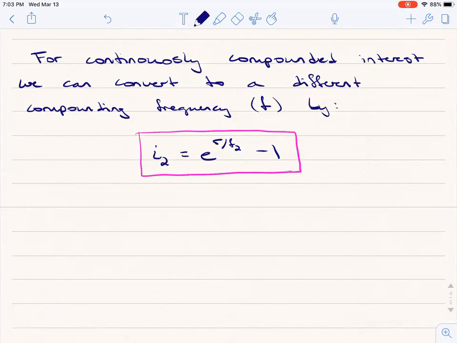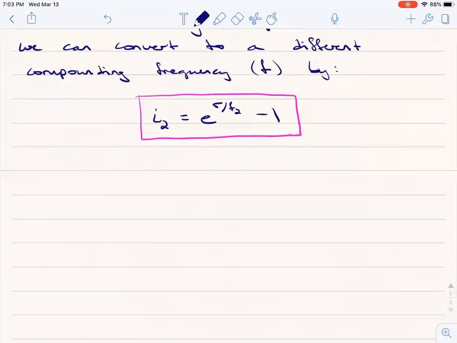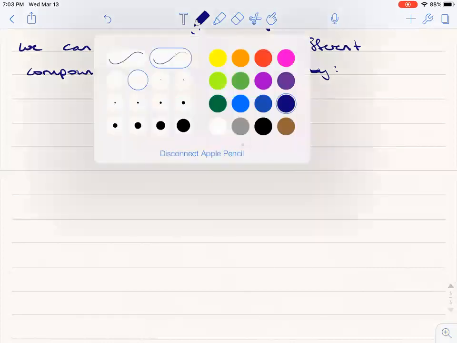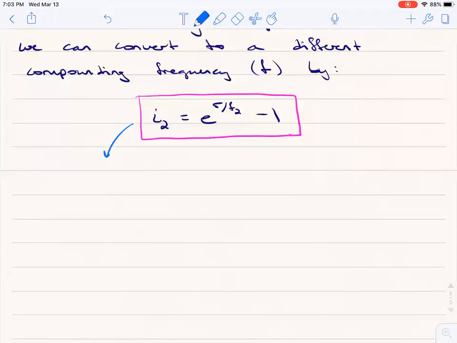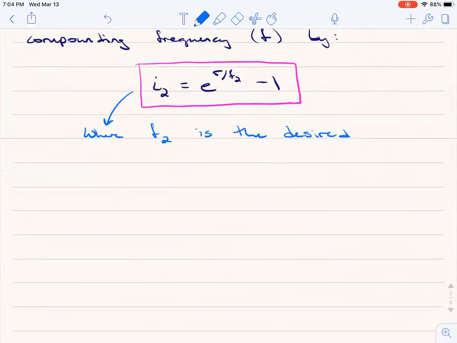And here I'll say, where F2 is the desired compounding frequency, the compounding frequency of I2.